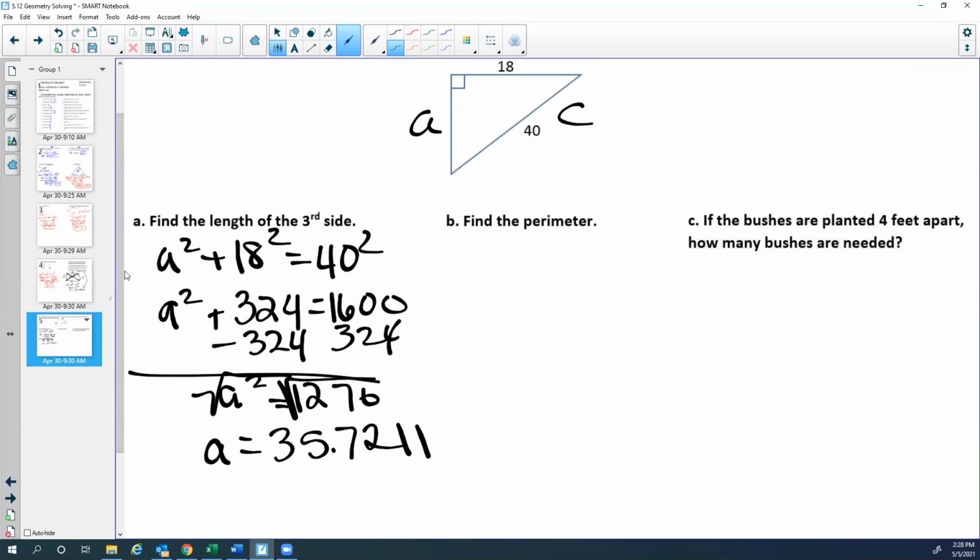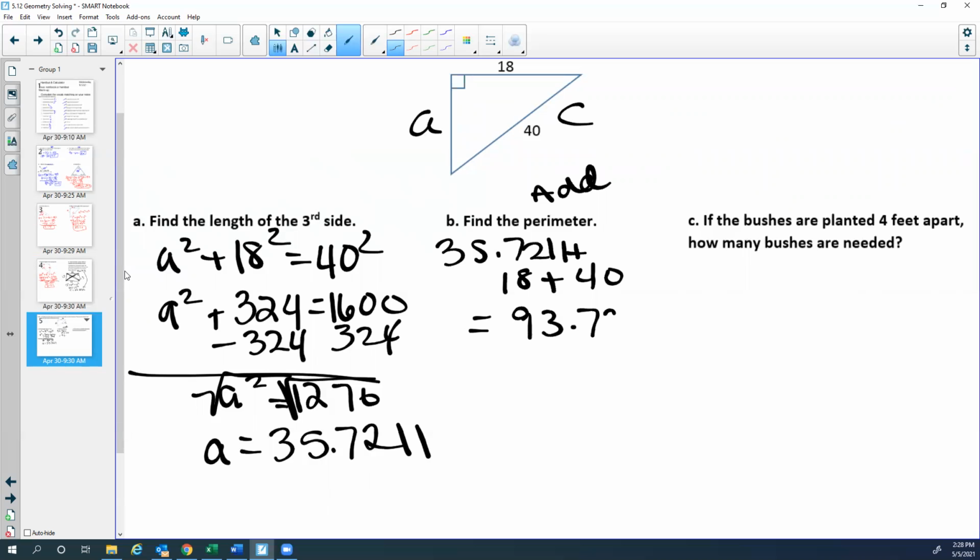Now, when I'm coming up with the perimeter, perimeter is to add, as we know, all sides. So 35.7211 plus 18 plus 40 equals 93.7211. Now, the last part is if the bushes are planted 4 feet apart, how many bushes are needed?